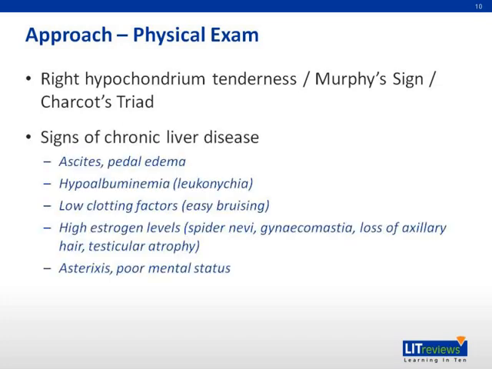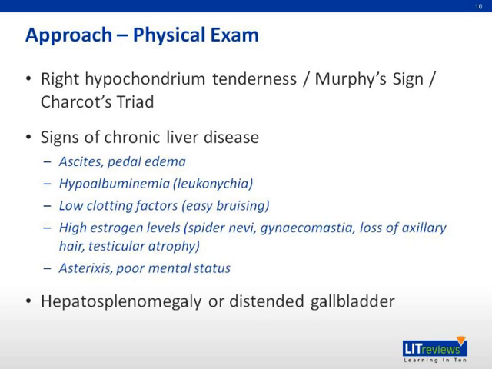Signs of chronic liver disease should always be examined for in a patient with jaundice. Do also remember to palpate the abdomen for hepatosplenomegaly, which can result from decompensated liver cirrhosis or suggest myelo or lymphoproliferative disorders.